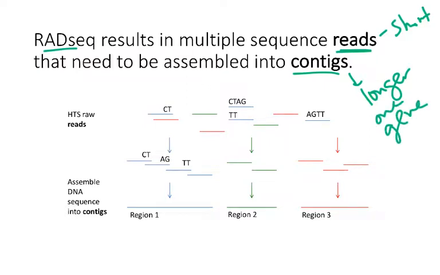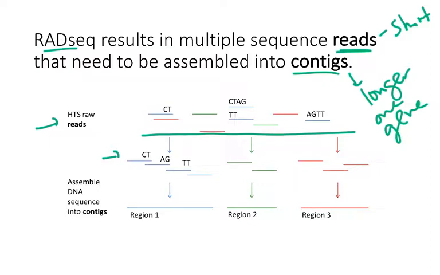If we walk through this cartoon image here, we start with our raw reads, which are really short. Everything above this line here, those are our short raw reads. We then use bioinformatics programs to figure out where some of these reads overlap. That's what's shown here. It's almost like Lego blocks where you're stacking them together.